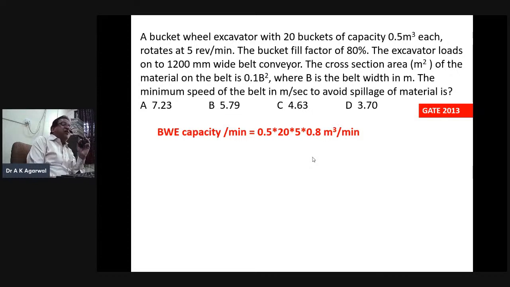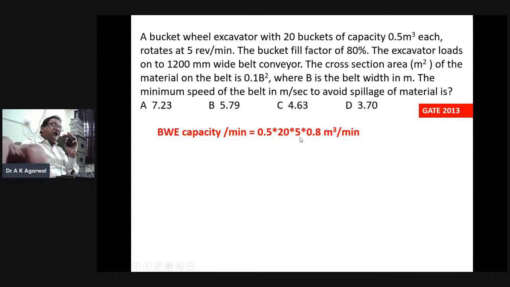First let us calculate the capacity of the bucket wheel excavator. Capacity per minute is equal to 0.5, each bucket capacity, into 20 buckets, into 5 rotations, and the bucket fill factor 80%, in meter cube per minute.